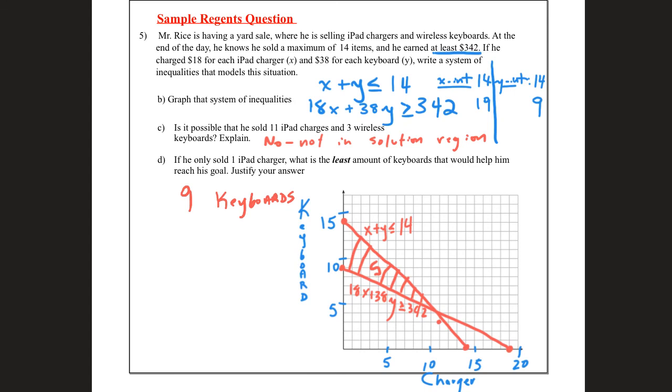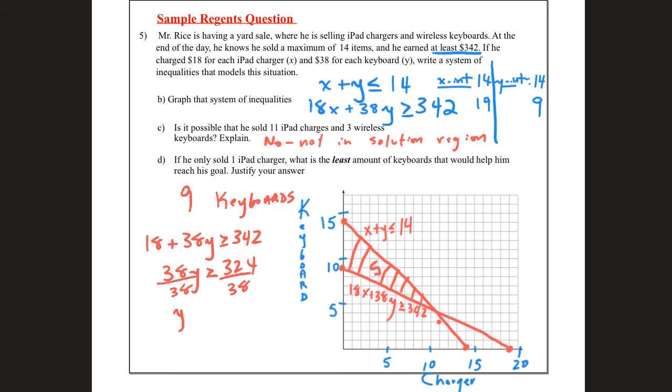We can plug in a 1 for x. And now if we do 324 divided by 8, I don't think that goes in evenly. Let's see here.